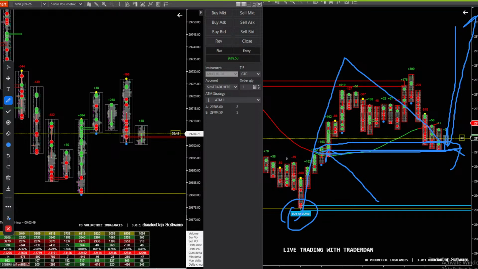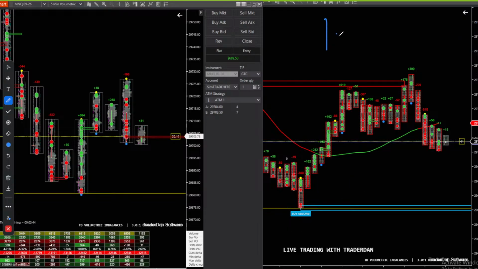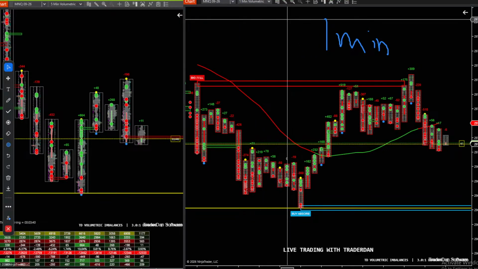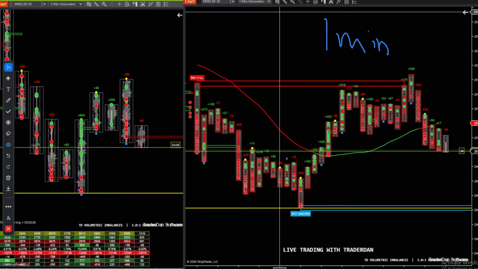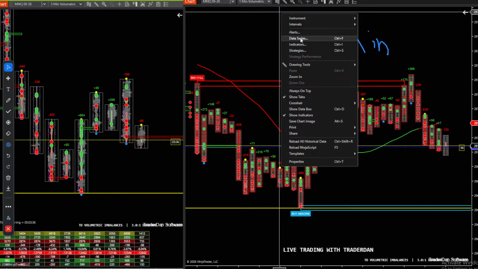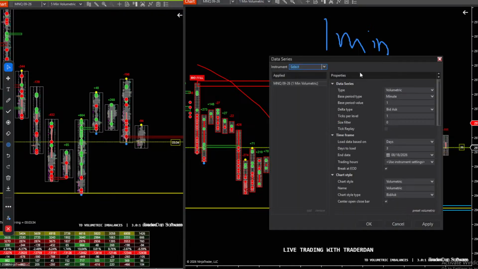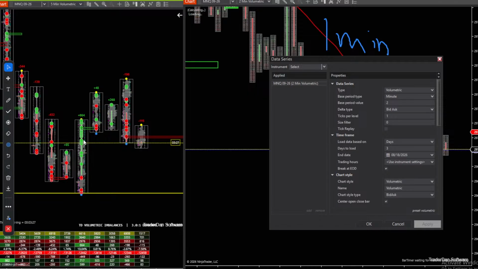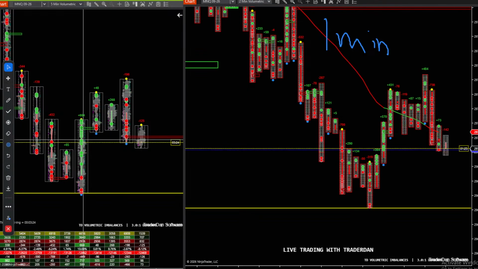Cool. What time frame is the second volumetric on? This is on a 1 minute. I haven't played with it yet. I don't know if you get 2 minute imbalances, but I figured if I'm going to trade a 5 minute time frame, if I'm looking at the 5 minute direction, I probably want to enter in on the 1 minute.